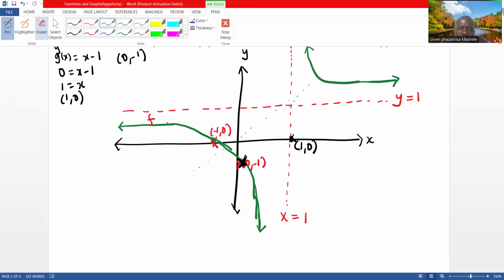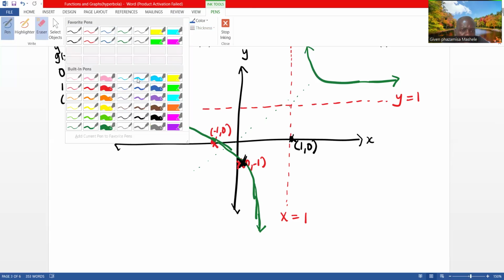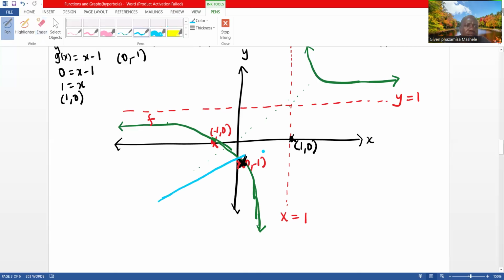Okay, let me increase the thickness. Okay, let me try this one. Yeah, I think this would be fine. Okay, let me just try to reverse this.